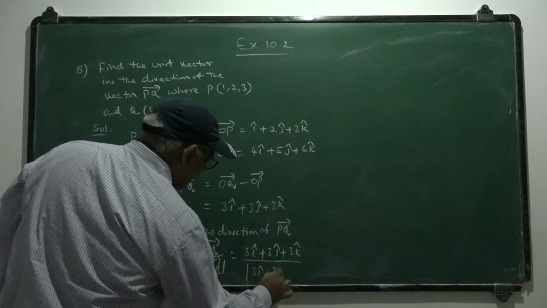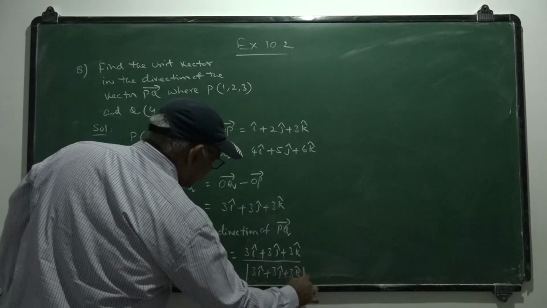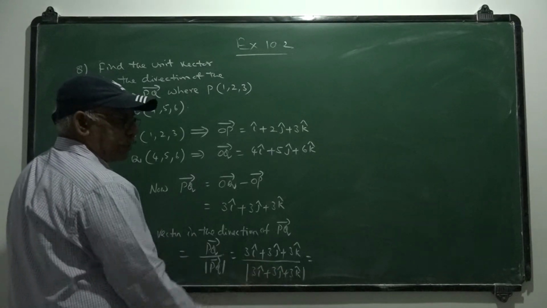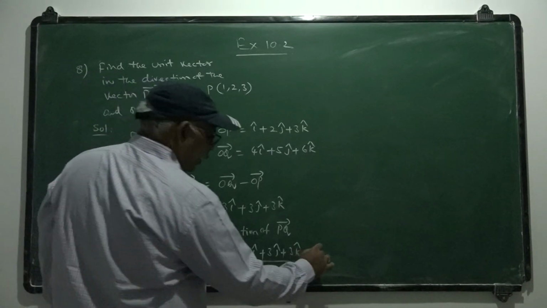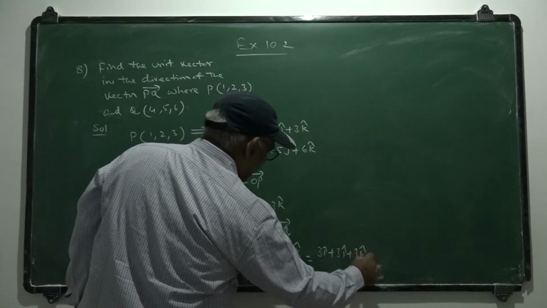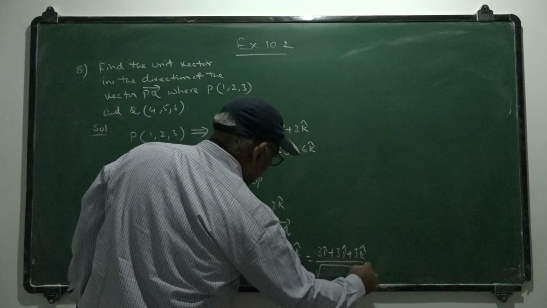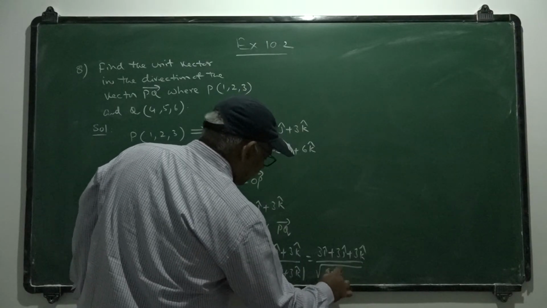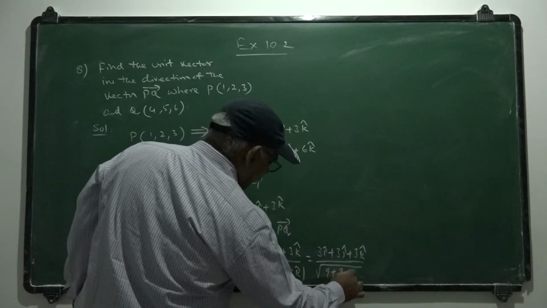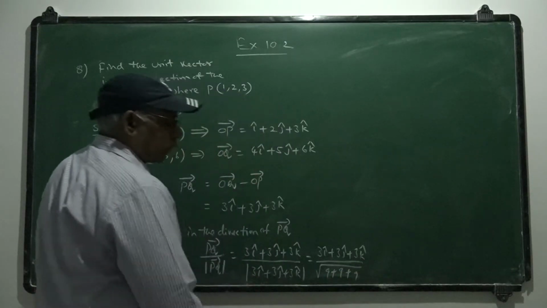The modulus of a vector given in component form is the square root of the i coefficient squared, j coefficient squared, k coefficient squared.